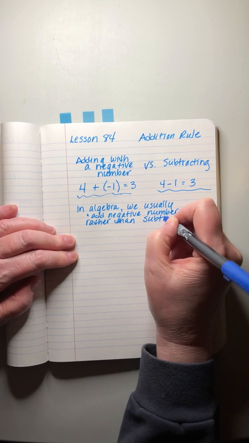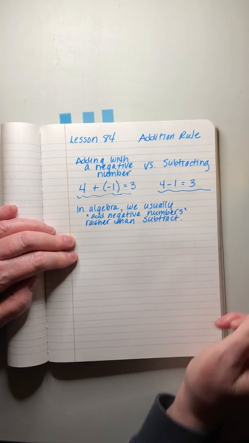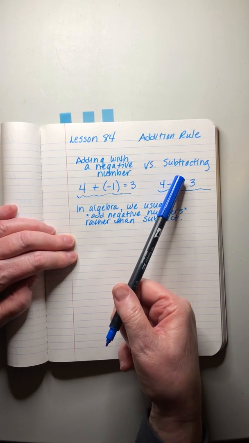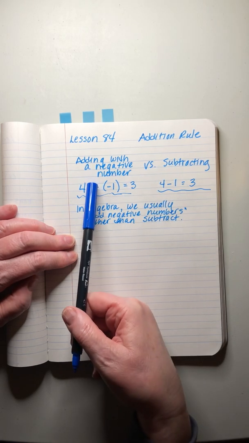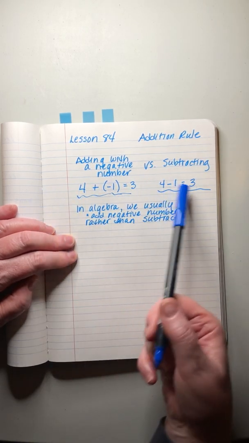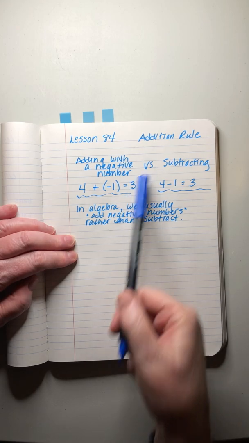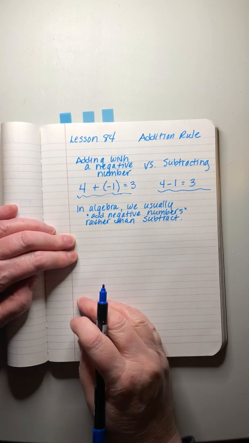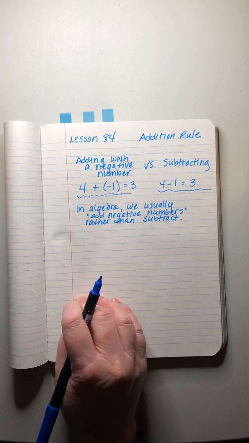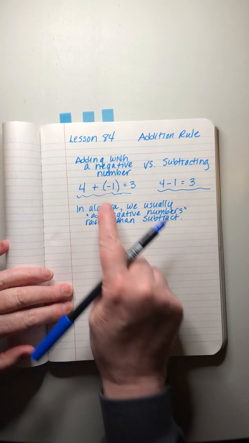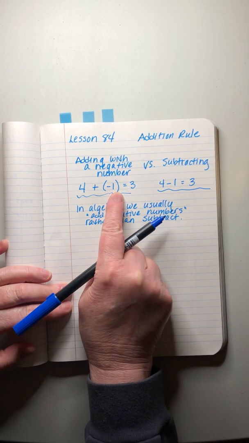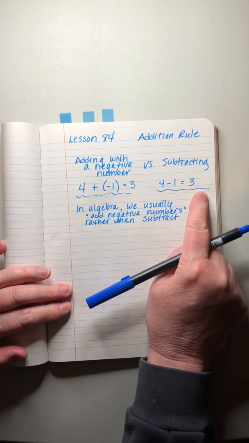And again, don't let this fry your brain. Don't go, what? We don't subtract in algebra? Well, yeah, we add negative numbers. It's the same thing. It's 2 ways of looking at the same thing. So we'll see this over and over and over again. Don't let it flip you out. Just remember that adding with a negative number is the same as subtracting.